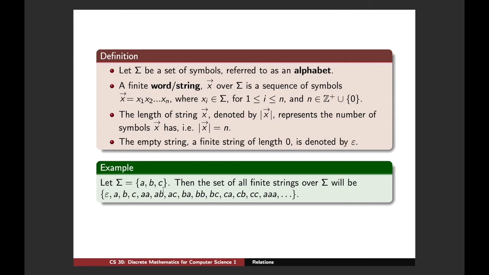So, for example, for the strings of length 1, I listed A first, and then B, and then C. And then for those of length 2, I included first those strings that start with letter A, and then followed by those strings starting with letter B, and then strings starting with letter C.